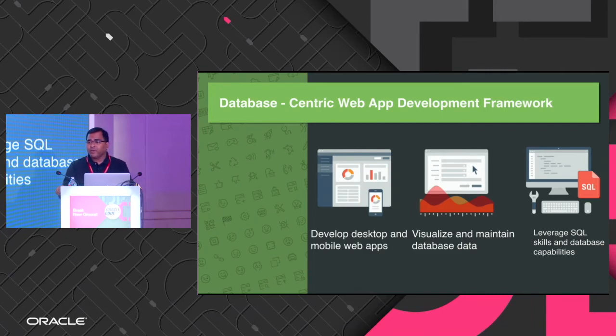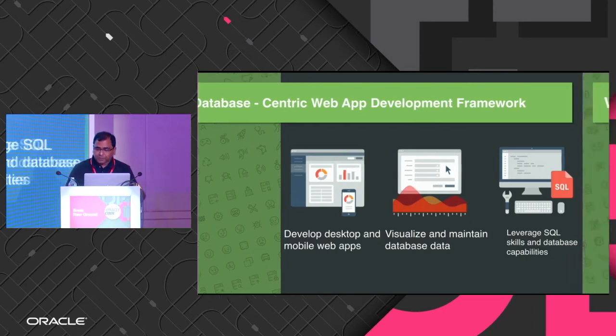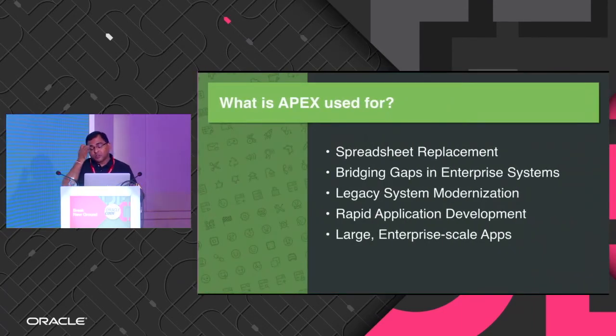So if you're familiar with SQL and PL/SQL, and if you know a little bit of JavaScript, CSS and HTML, you can build beautiful applications. You can build stunning, scalable applications fast with Oracle Apex. But when you're talking about a low-code application framework, Apex is also used by citizen developers who have no knowledge about SQL and PL/SQL, right?